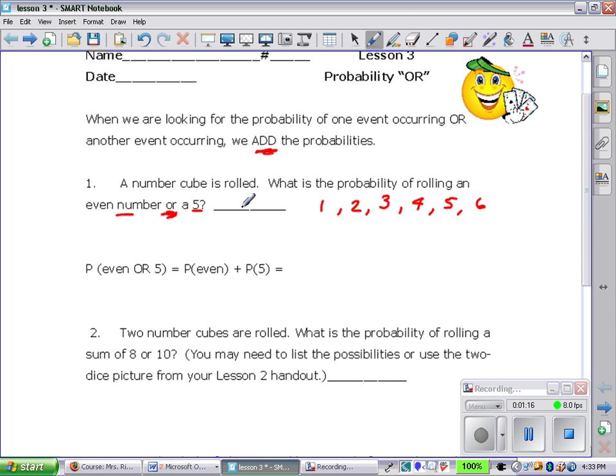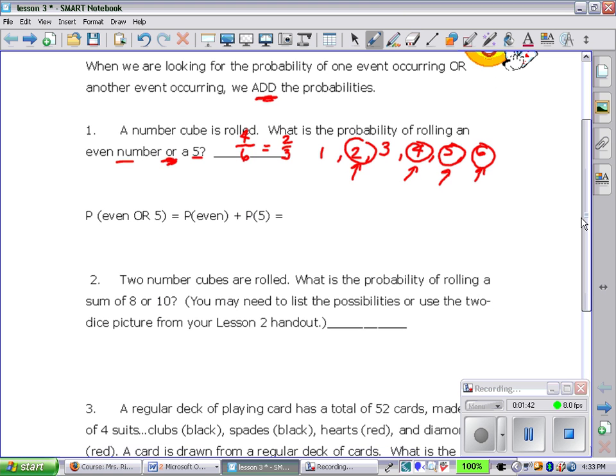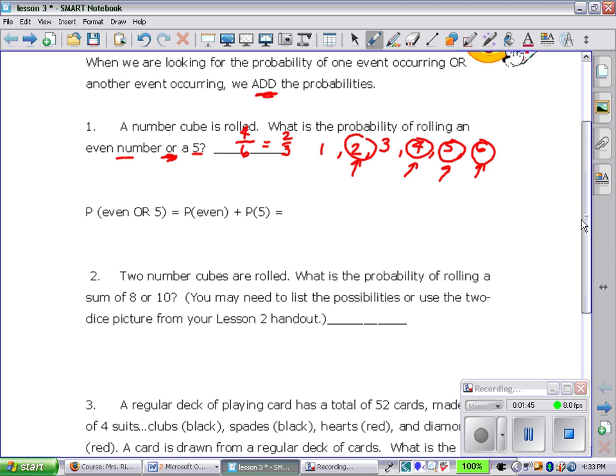We already know there are 6 options. Out of those 6, here's an even number, here's an even number, here's an even number. So those 3 options are good, or it could be a 5. A 5 would also be okay. So we have 1, 2, 3, and 4 options out of 6. Simplify that, and you get 2/3. So you have a 2 out of 3 chance of getting an even number or a 5 on that roll.